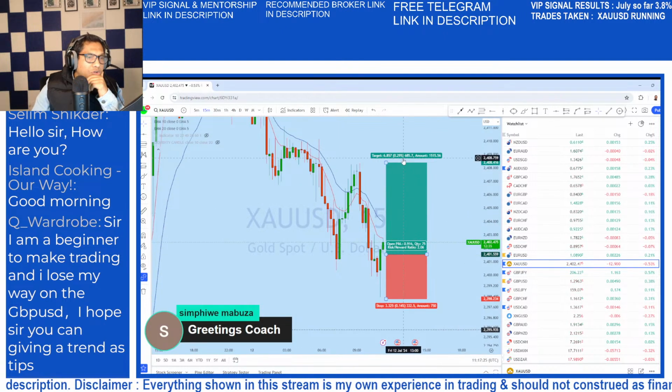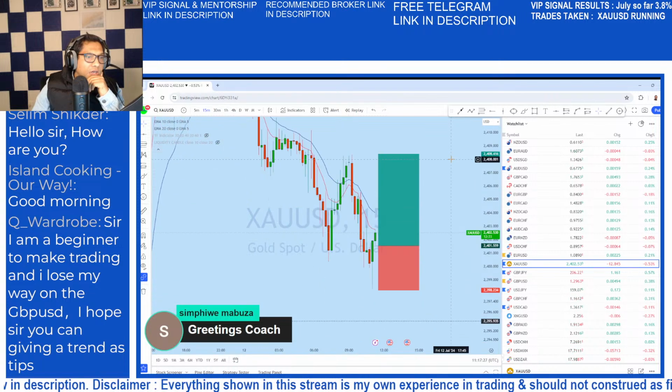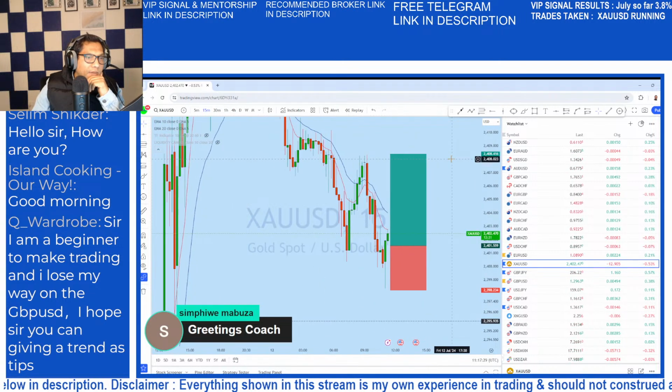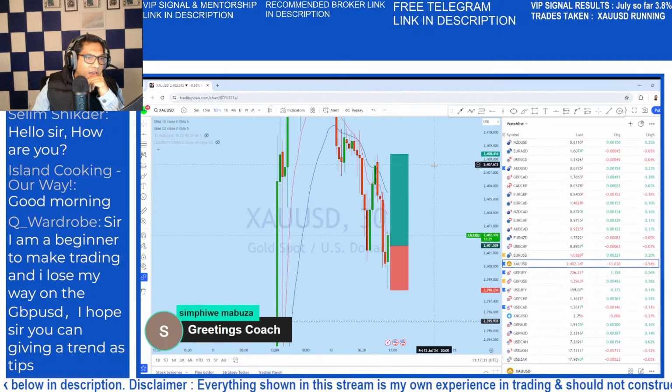Now, if gold managed to bounce, we could see significant movement. I'm expecting it to go ahead and retest.